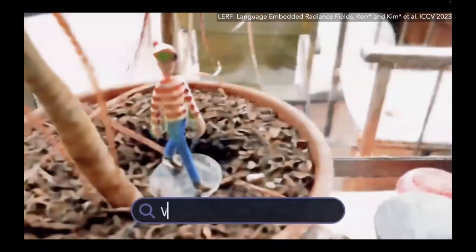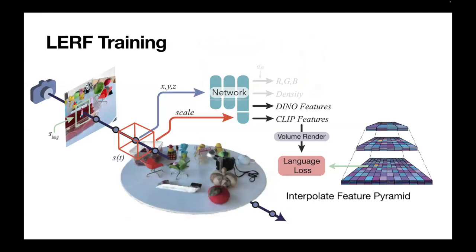I'm going to keep this talk quite high level, so I'm not going to get into the details of this. But this is really trained by simply letting another network output CLIP features and then rendering it against the computed CLIP in 2D.